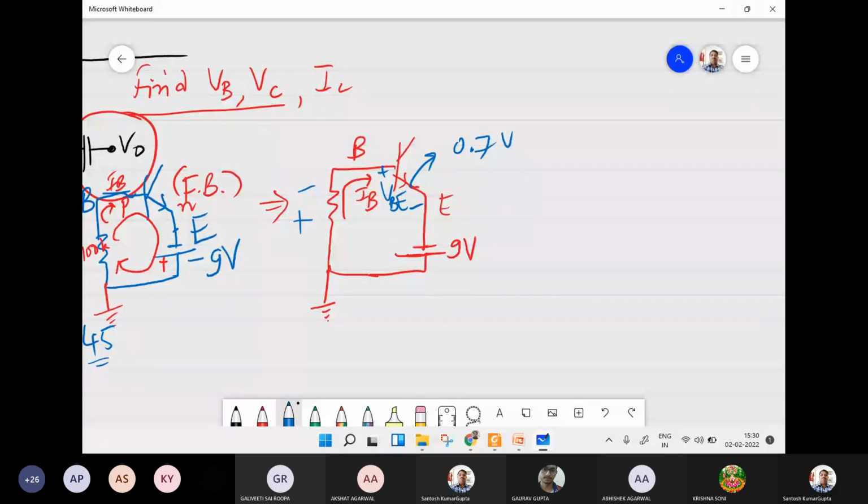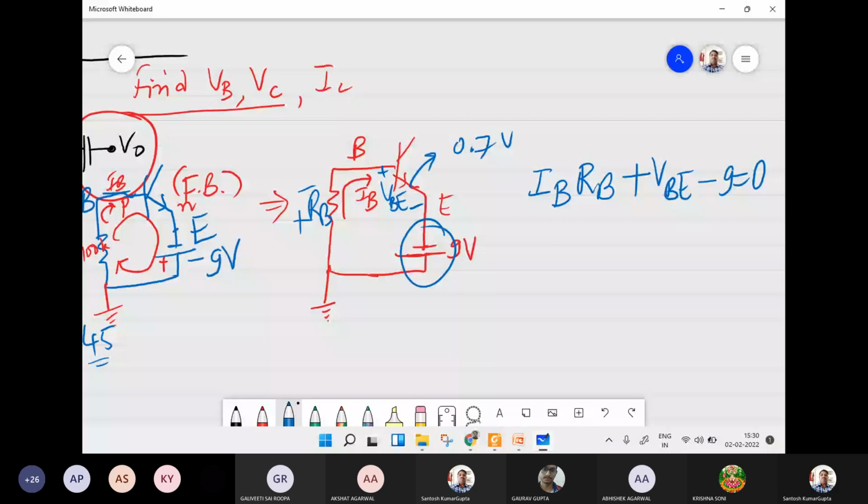So IB times RB plus VBE minus 9 is equal to 0. Okay, this will be the KVL for this loop, if we assume that RB is the resistance here, VBE is the voltage drop across the base emitter junction, and this 9 volt source is here.